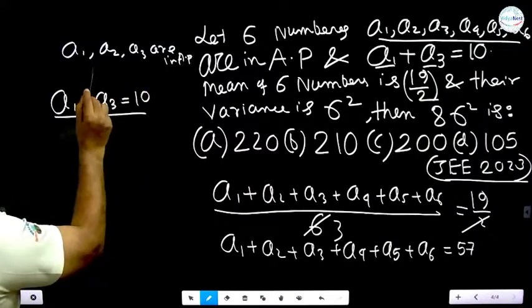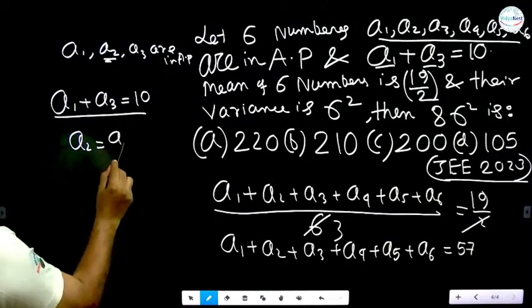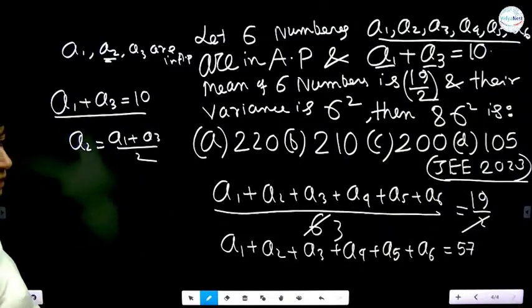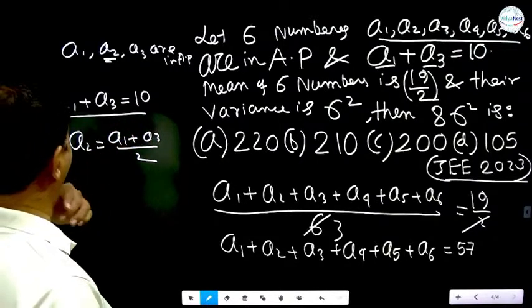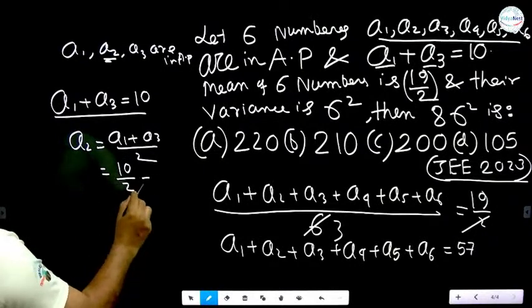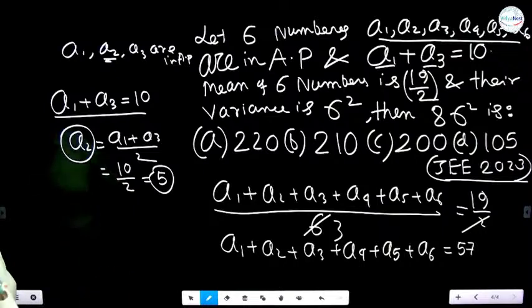So I can write A2 is A1 plus A3 by 2. Yes or no? By the properties of AP. That means 10 by 2, that is 5. So A2's value we have got.